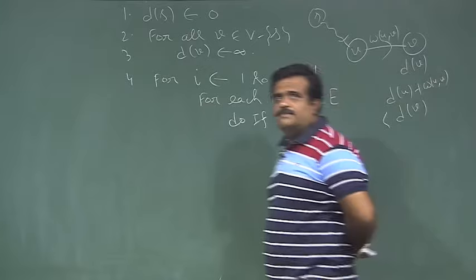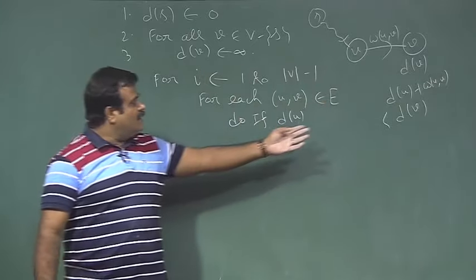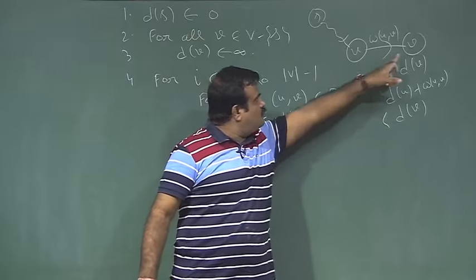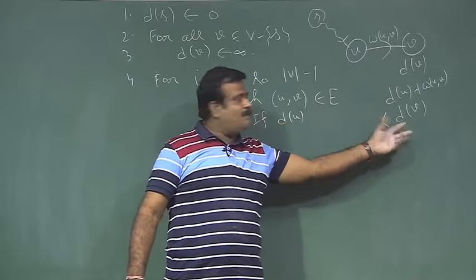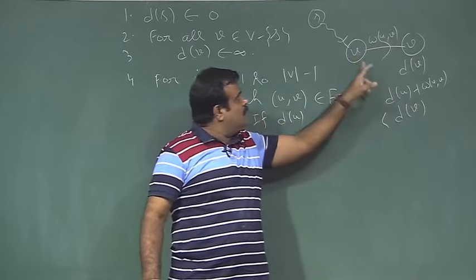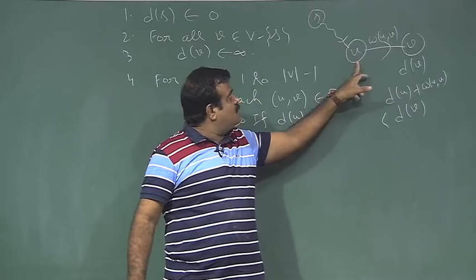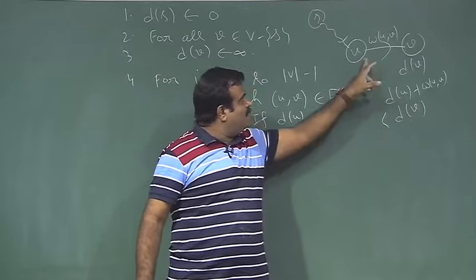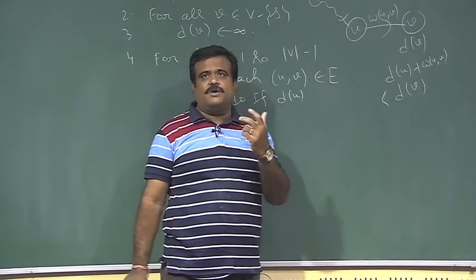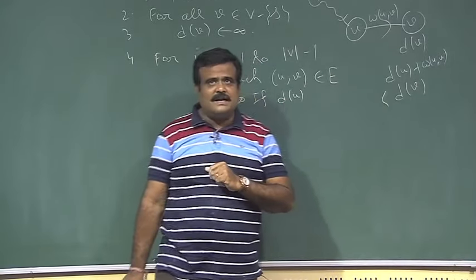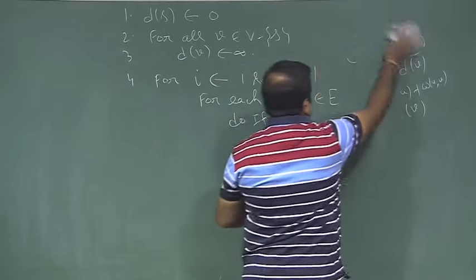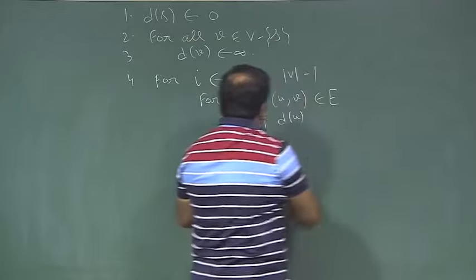So that is the relaxation step. If the path goes S to U, then U to V, the weight of that path is d(u) plus the edge weight, because d(u) is the distance estimate from S to that vertex. If that is better than the distance estimate d(v) that we have, then we must relax that edge.